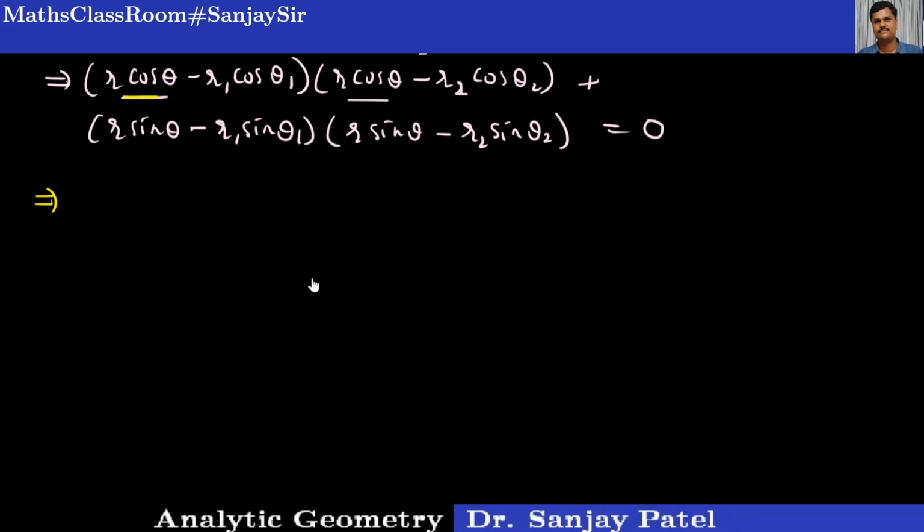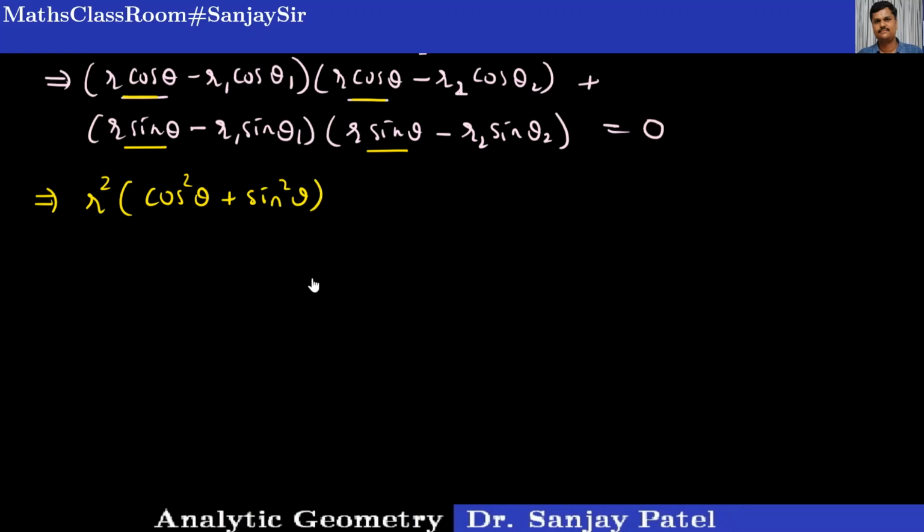Taking this term and this term, r square cos square theta, then this and this term, that is r square sin square theta. So we'll get r square into (cos square theta plus sin square theta). That is only these terms corresponding to r square.